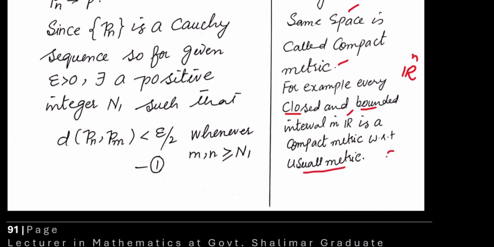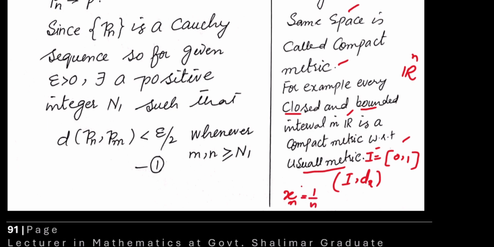For example, if I take the interval 0 to 1, suppose I say this is I, and the usual metric on R is denoted by dR, then this I is a compact metric space, because if you take any sequence in this interval, that sequence must have a convergent subsequence whose limit always belongs to I. For example, take the sequence xn equal to 1 over n.